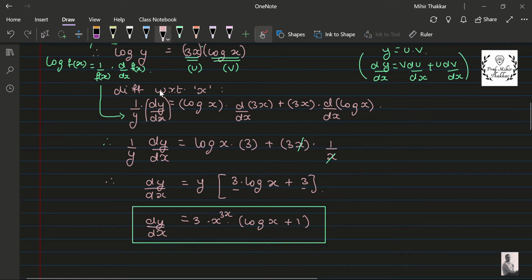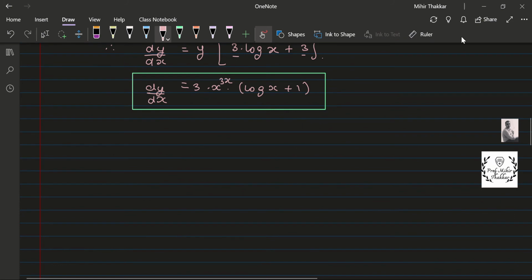I'll take one more example of the same type. Suppose I get a question which is e raised to 2x raised to x. When you come across this kind of a sum, we will start as we did in the previous case.